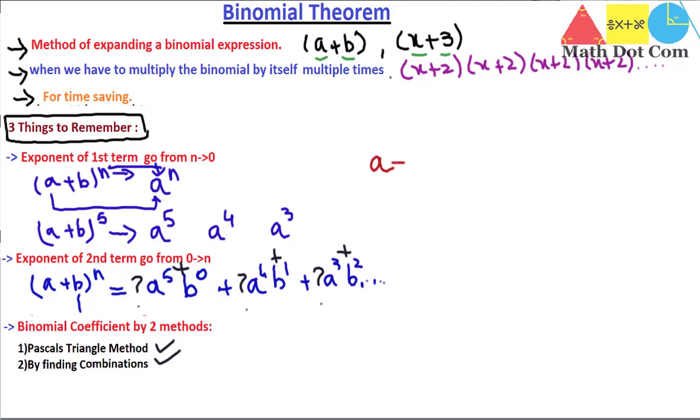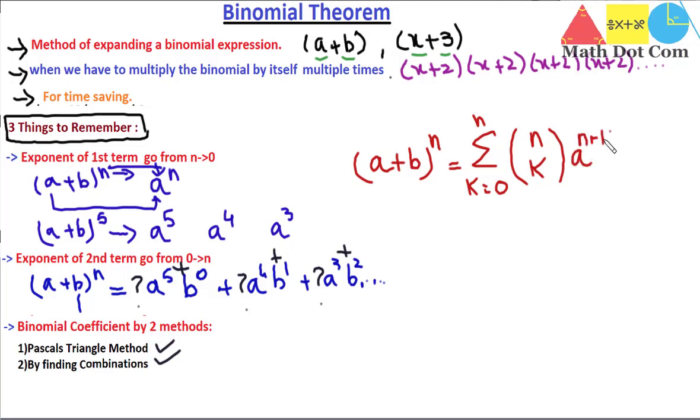If you are given any expression like a plus b raised to power n, then you can apply the binomial theorem in a generic form as the summation from k equals 0 to n of n choose k, the combination nCk, times a raised to power n minus k and b raised to power k.